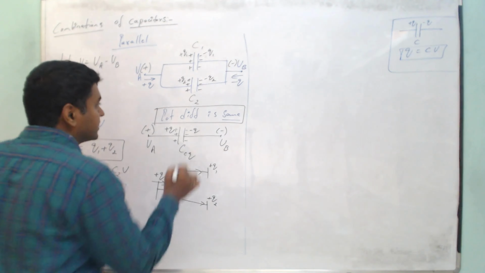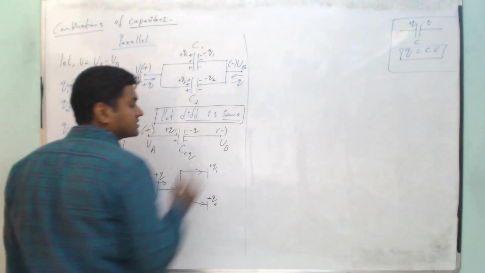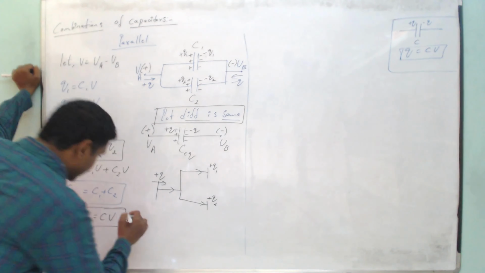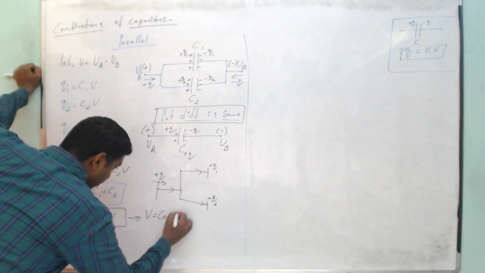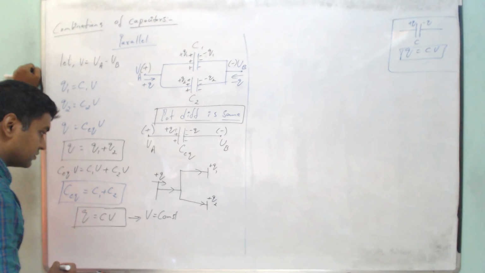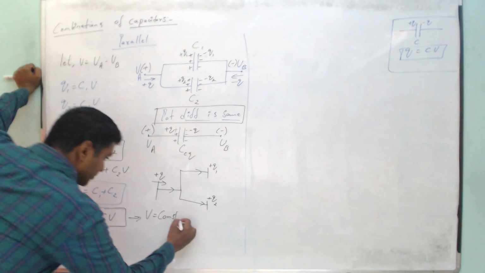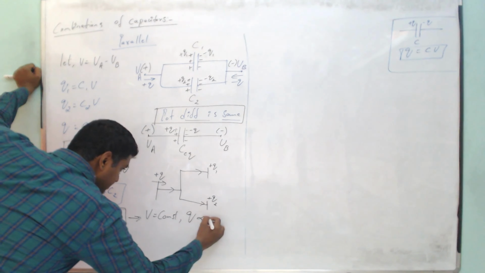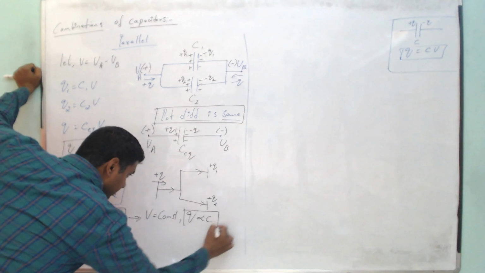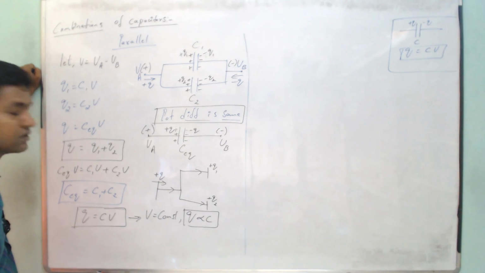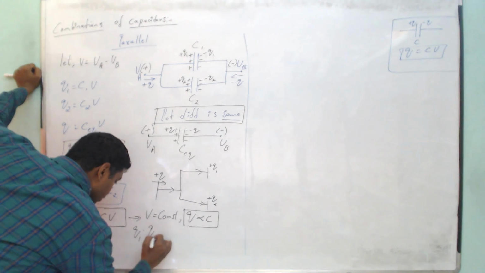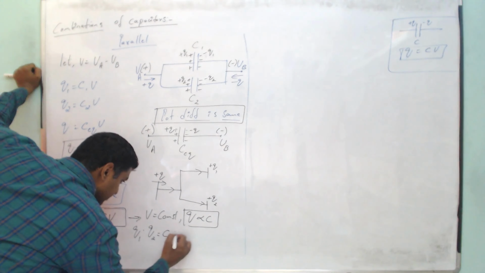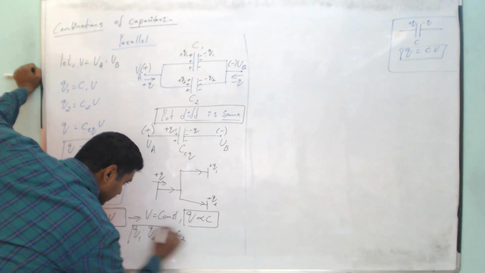In this, I am saying that potential difference is same. So can I say for my parallel combination, my V is behaving as a constant? Yes, sir. That means can I say that my charges are basically proportional to the capacitance? Yes, sir. That means can I say the ratio Q1 is to Q2 is nothing but C1 is to C2?